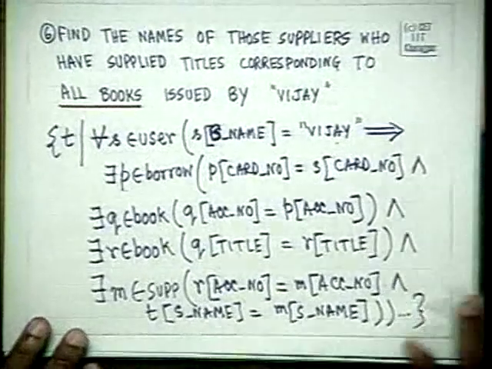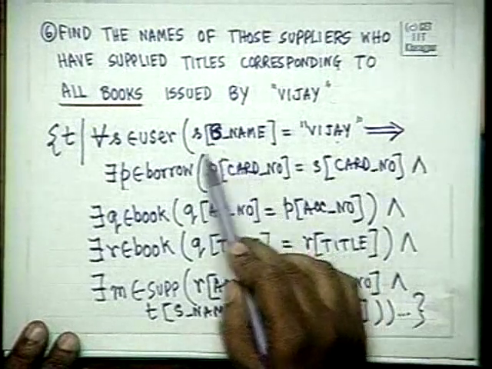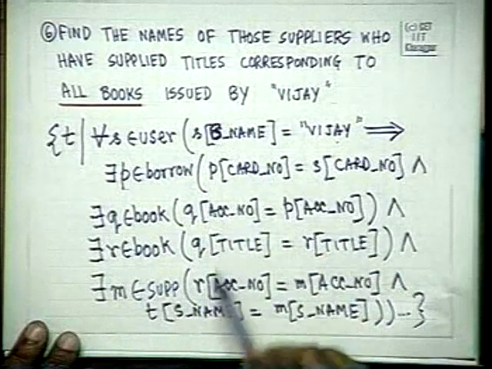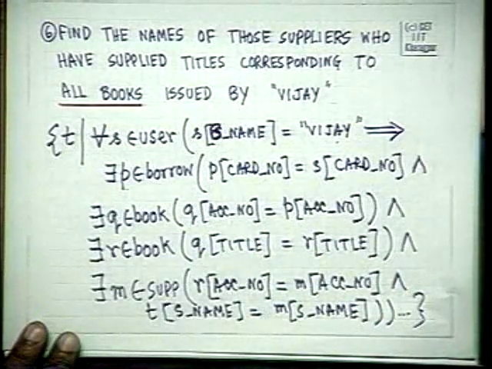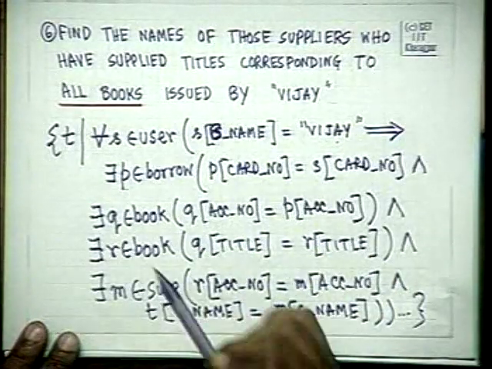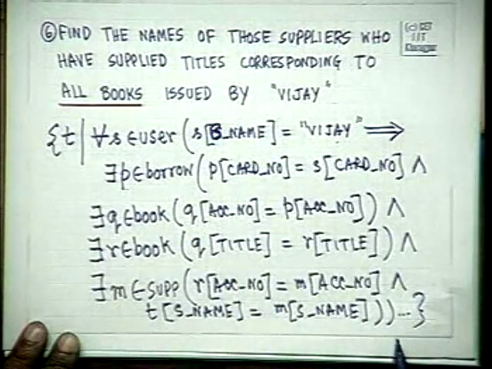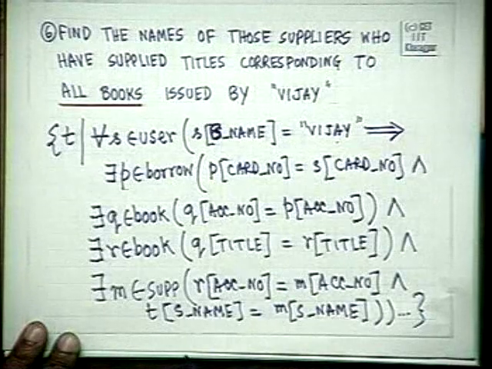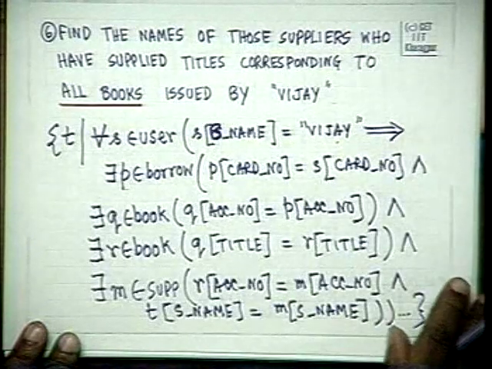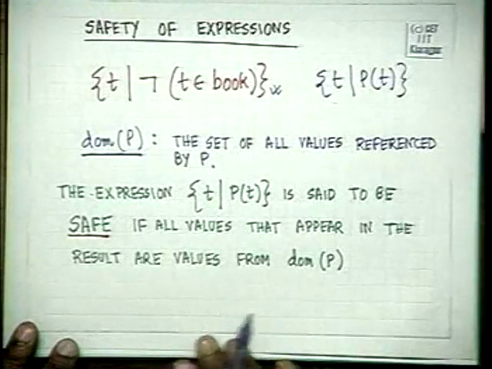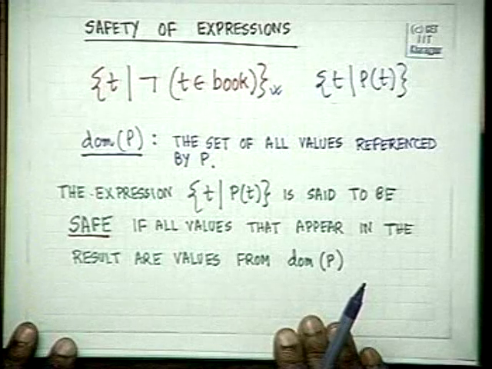In this particular case, if we start including those books, if the name is not Vijay, then anything can be there, then all names can be there, even those who are not users of the library. But if we restrict it to safe expressions, then we will get only those corresponding to Vijay. So we may say that tuple relational calculus may be restricted to safe expressions, or may not be restricted to safe expressions.